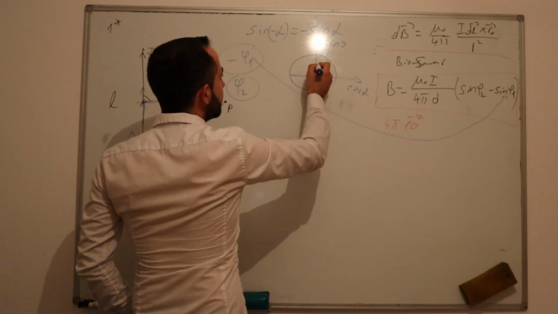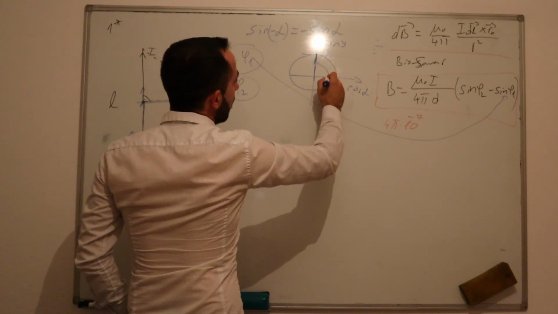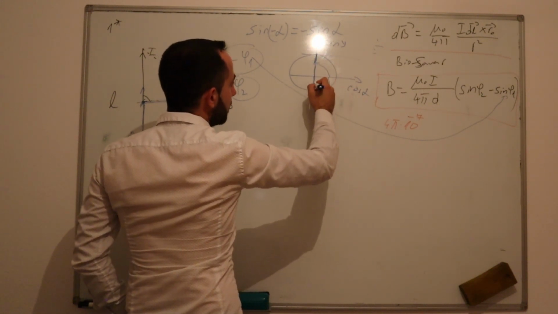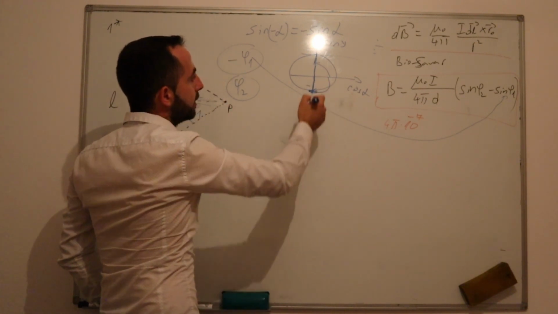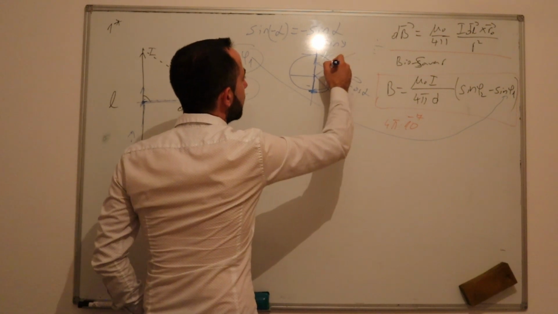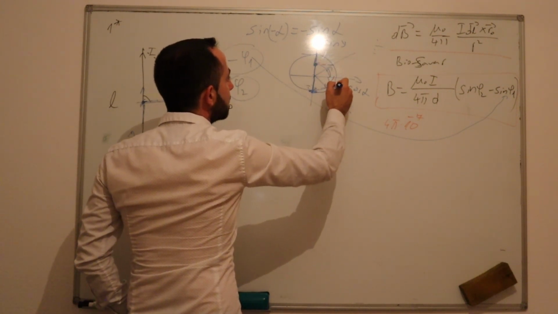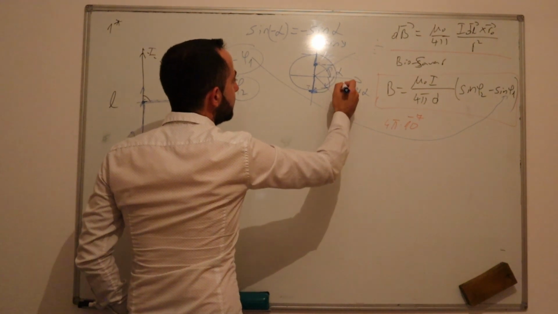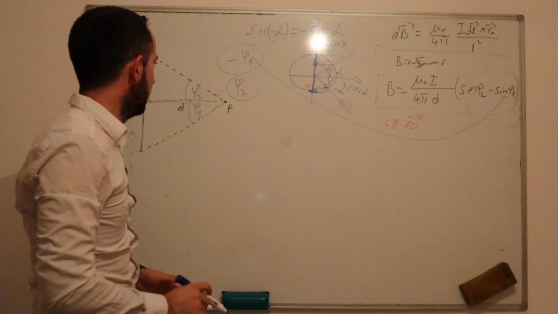If we have a positive angle, for example this, the value of sine for the negative angle is the same amplitude, but a negative value. Here we can see that it is the same, but this is alpha, this is minus alpha. It is the same, but the negative value.